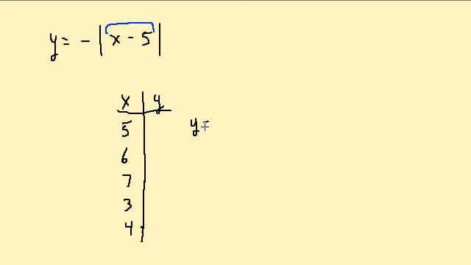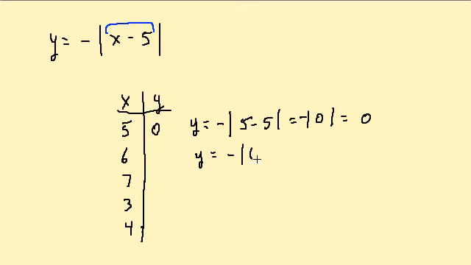I get y equals negative absolute value of 5 minus 5, which equals the negative absolute value of 0, which equals 0. And then y equals negative absolute value of 6 minus 5, which equals negative absolute value of 1, which is -1.